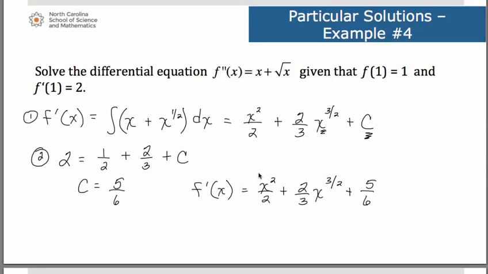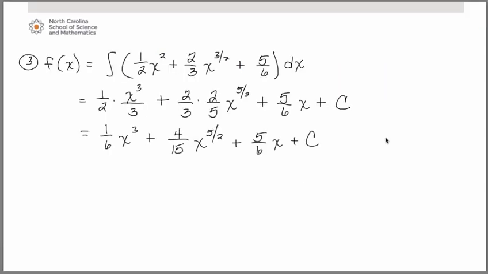Going back to the other initial condition we were given, we were told that f of 1 was equal to 1. So we can use that fact to now find this particular c value. So the function value is 1 when x equals 1. So in place of these x's, I'm going to substitute 1. So I have 1/6 plus 4/15 plus 5/6 plus c.